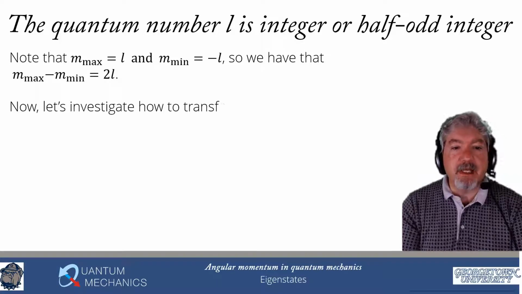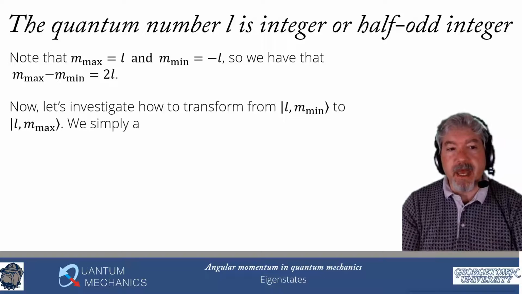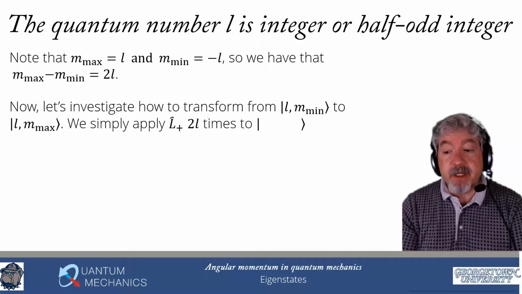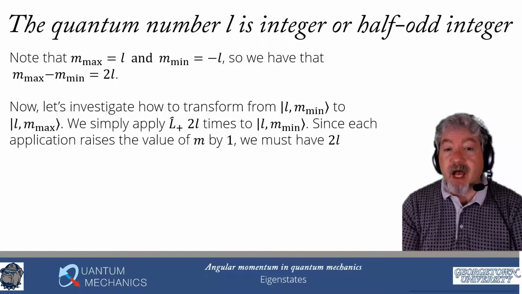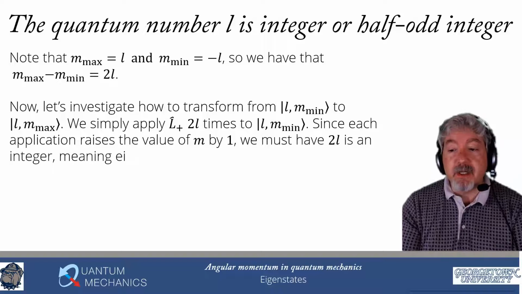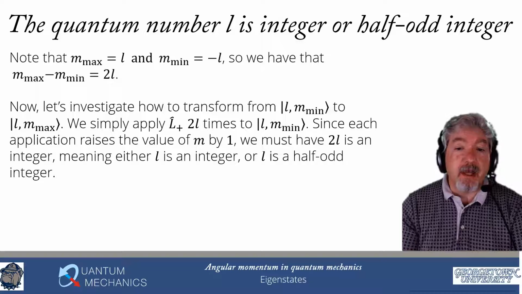Now, let's investigate how to transform from |L, m_min> to |L, m_max>. We know that every time we hit it with an L plus, we're going to raise the value of m by 1. And so if I hit it 2L times, I'm going to convert |L, m_min> to |L, m_max>.